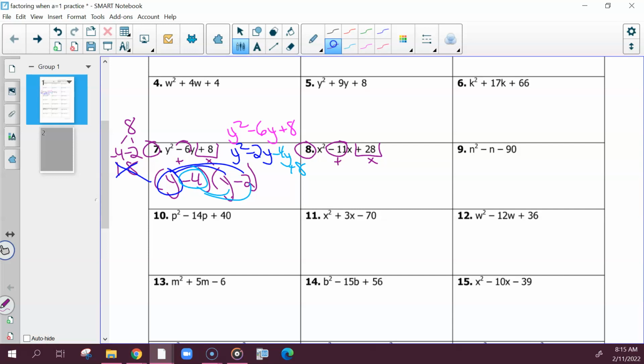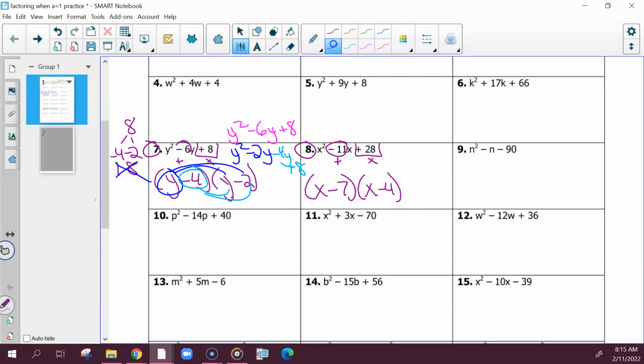Without me writing the factor tree, can anyone tell me what those two numbers would be? 4 and 7, positive or negative? Both of them would need to be negative. Okay. Again, you could still write out your factor tree.